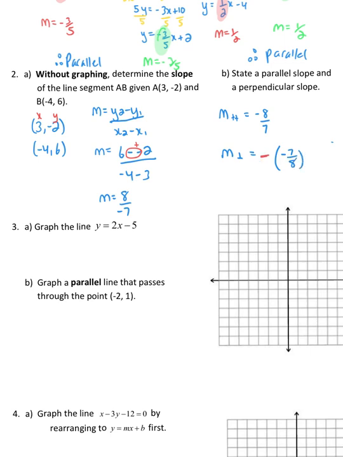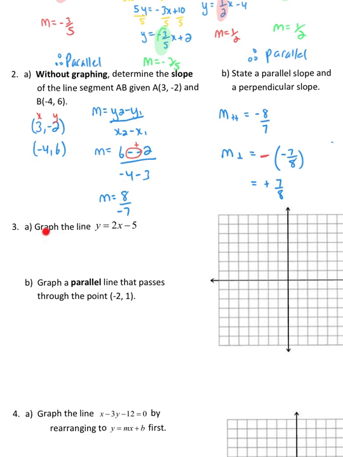When you have a negative of a negative, two negatives make a positive, so this is simply +7/8, and you don't need that positive symbol. You can just write 7/8. So the perpendicular slope is the reciprocal with the opposite sign. So our original slope was negative, so our perpendicular slope is going to be positive.